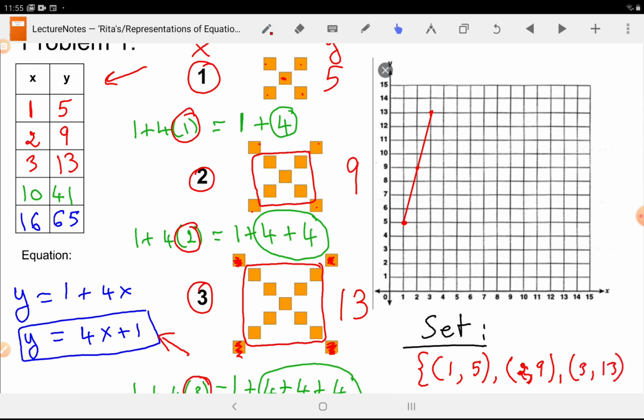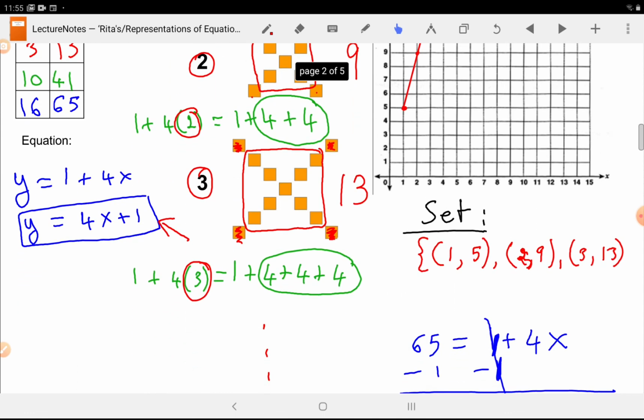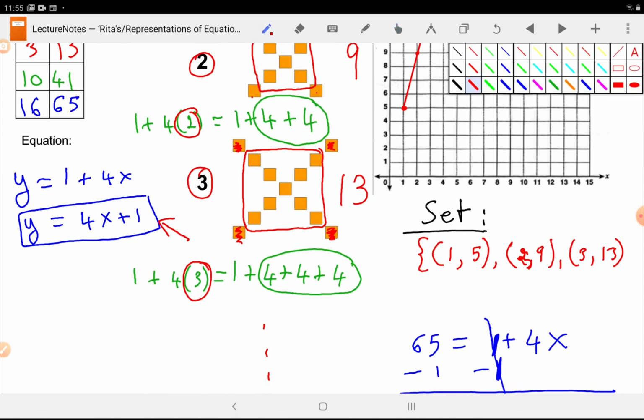Let me scroll. It's not enough room, but we will. When x is 4, we said we're going to add 4 again, etc., right? We can keep going with this pattern. Is there a last point on here? Think about that for a second. A last set of coordinates.